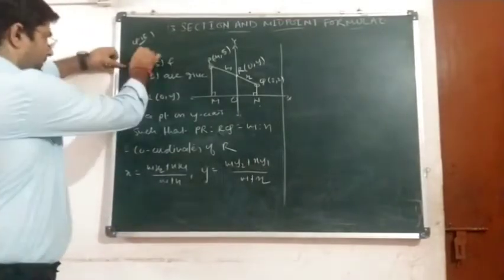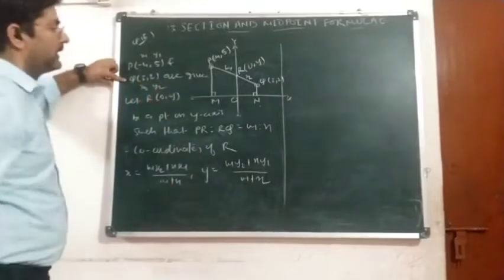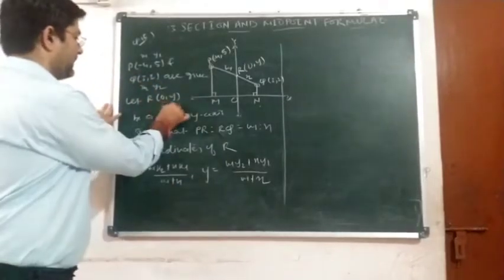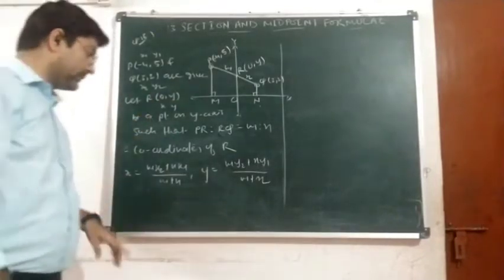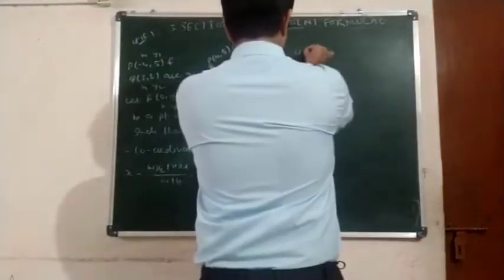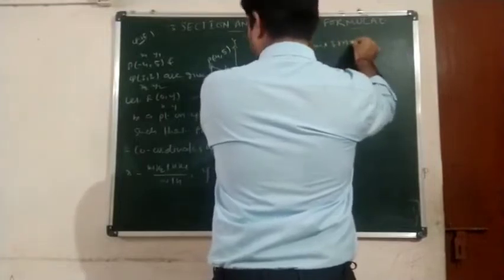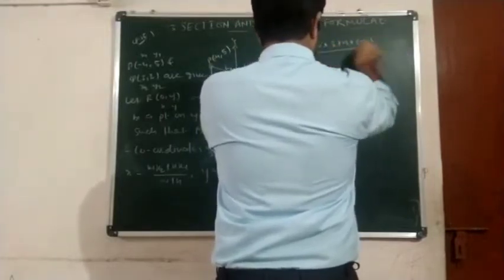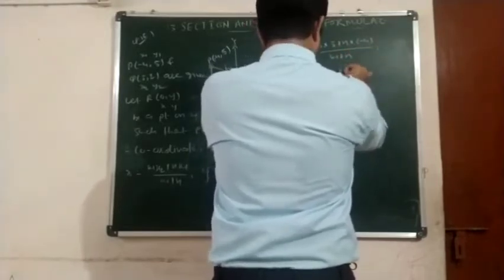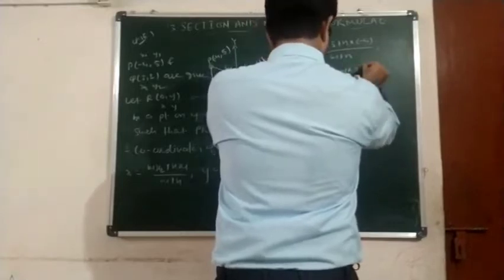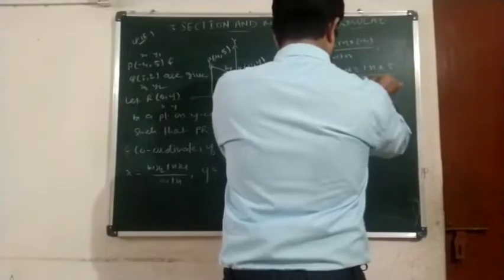Coordinates of P will be x1, y1, coordinates of Q will be x2, y2, and coordinates of R will be x, y. Clear? So let us substitute. x is 0 and therefore 0 is equal to m into x2, which is 3, plus n into x1, which is -4, upon m plus n, and y is equal to m into 2 plus n into 5 upon m plus n.